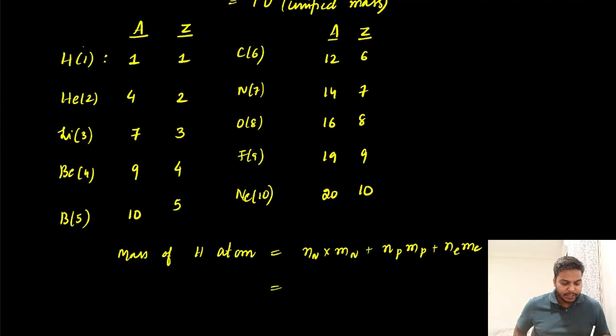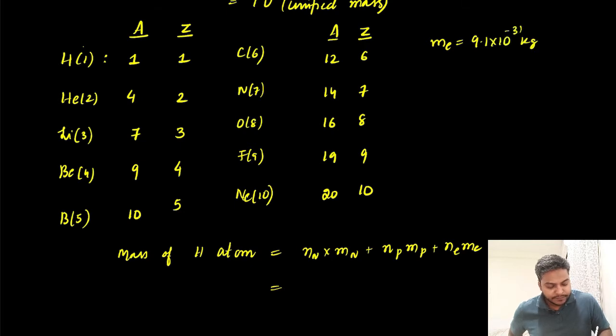But if you see the relative masses of all of them, I will tell you here. Mass of electron is 9.1 into 10 raised to minus 31 kgs, or I can also write that as 9.1 into 10 raised to power of minus 28 grams.